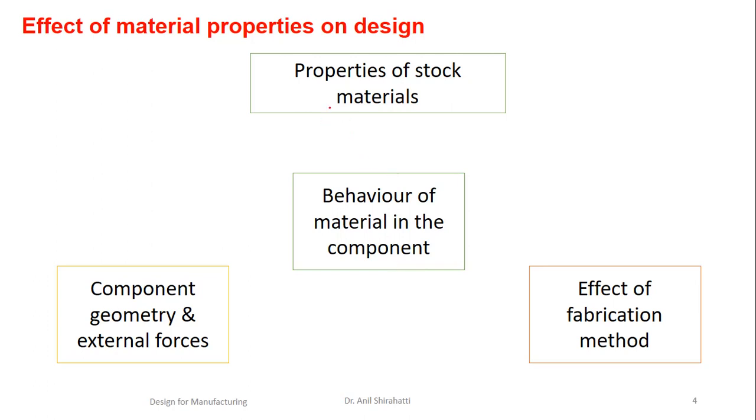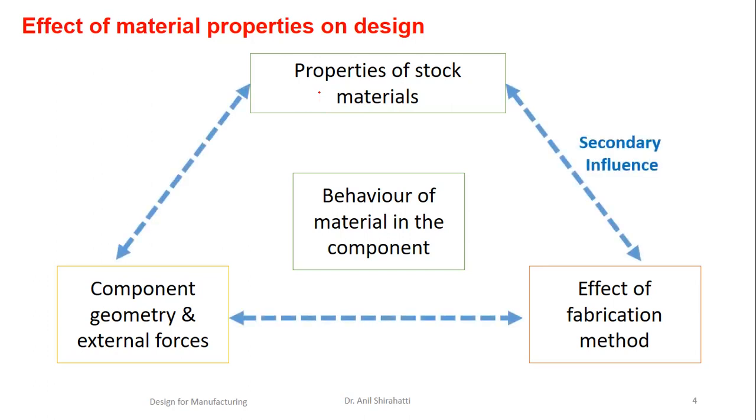So if I see the relationship between the properties of material in the stock, the geometry, or the fabrication, it will have a secondary influence. But if I see their behavior in the case of a direct component, they will have a direct influence.